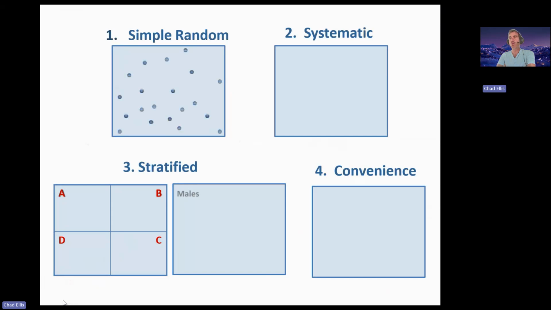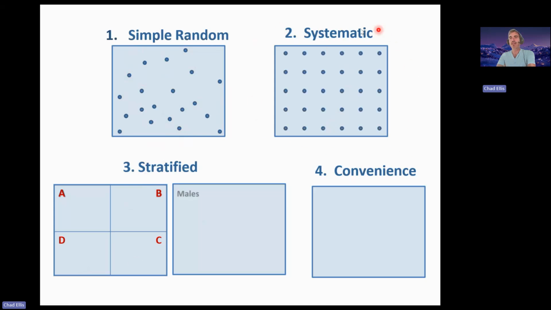So with a simple random scheme of sampling, essentially we just go out and pick coordinates. Maybe we have a random number generator that randomly states coordinates within the square here. And we go out and we then sample those random areas.